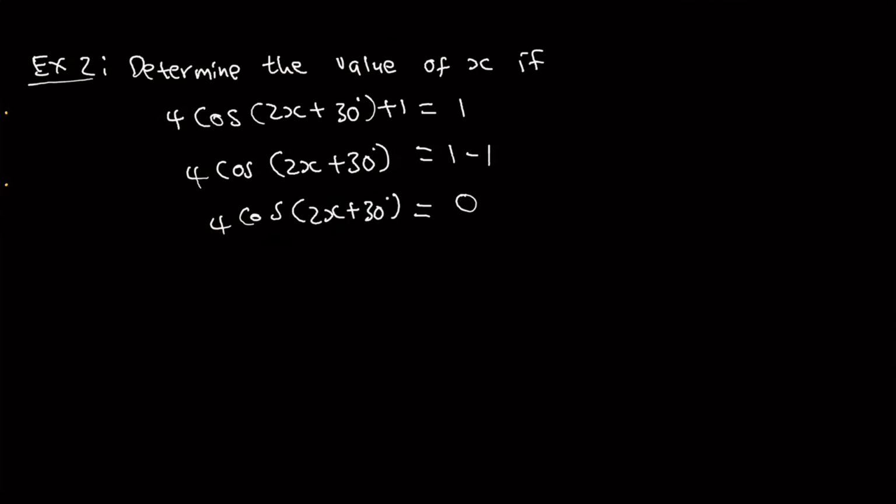Now, I need to divide both sides by 4. What I'm trying to do is get to x. So 4 will cancel 4, and I'll be left with cos (2x plus 30).